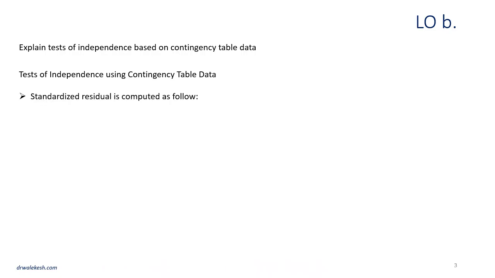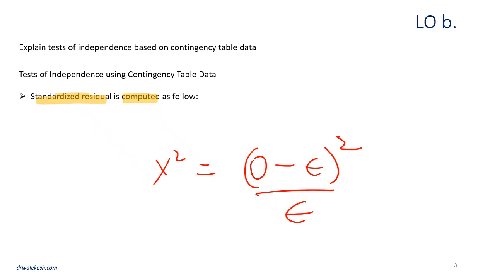Still moving on, standardized residual is computed as follows. We agreed some slides back that chi-square statistic is the observed minus the expected squared all over the expected. But since we're interested in the standardized residual, then we will find the square root.